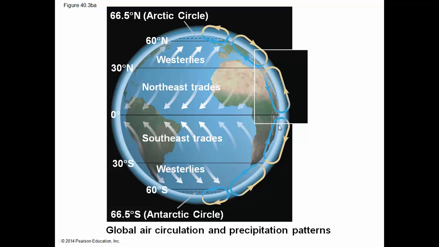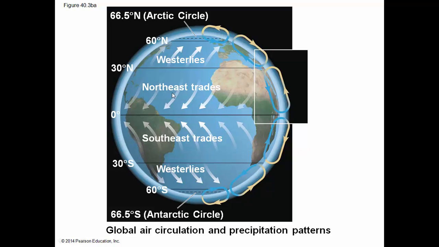Okay, you can see these are schematic diagrams, and they're generalized. There's of course differences that occur through the variation on the Earth's surface and the different wind patterns. We're not always having northeast trade winds.